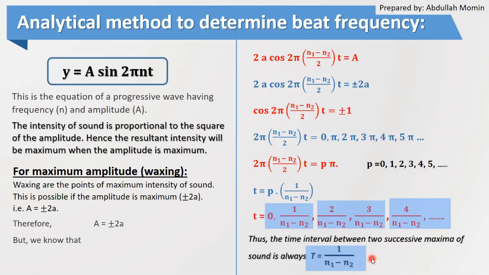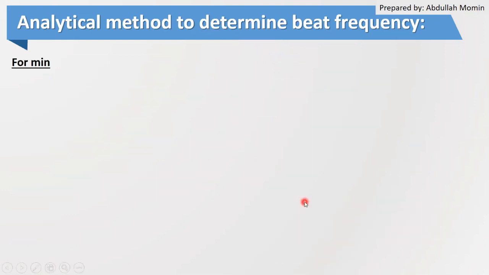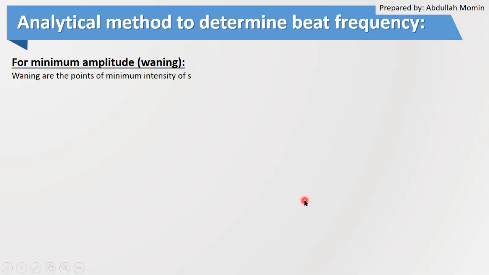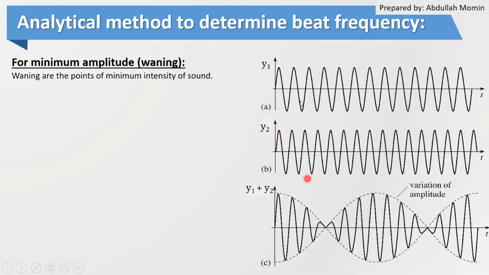So this is the condition or time period of waxing. So what is waning? Waning is the point of minimum intensity of sound. So look at this diagram. This is the first wave, this is the second wave, and this is the fourth.